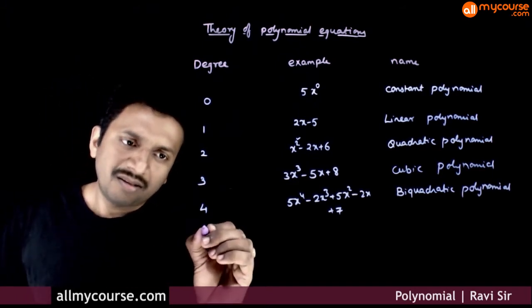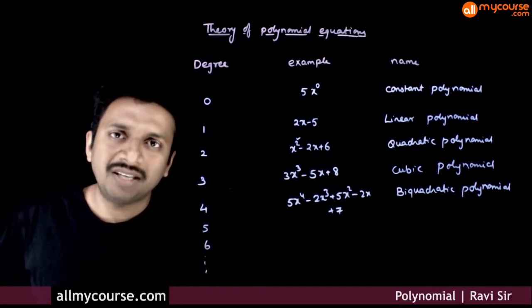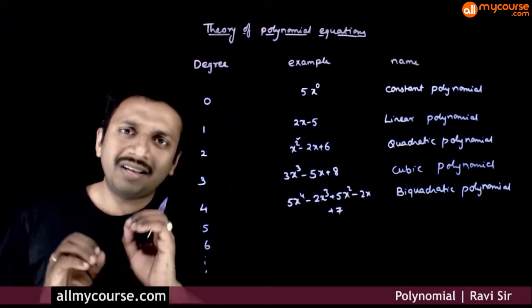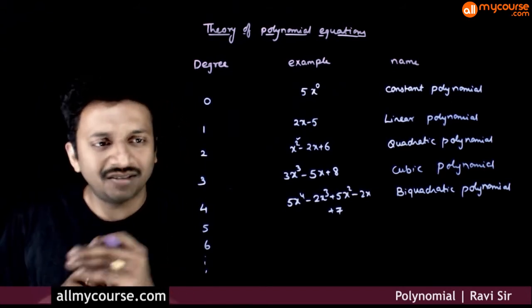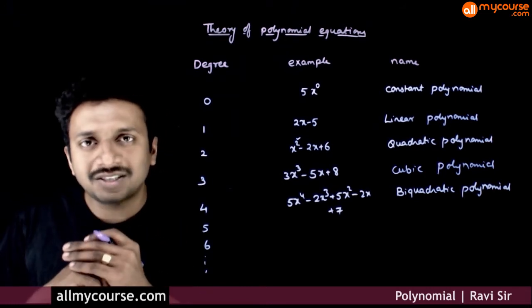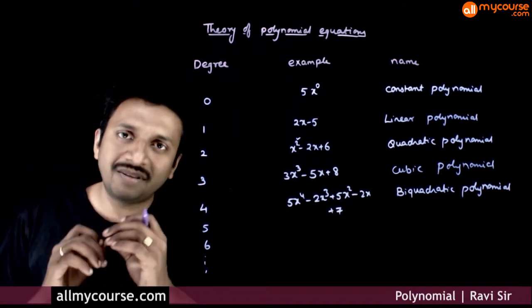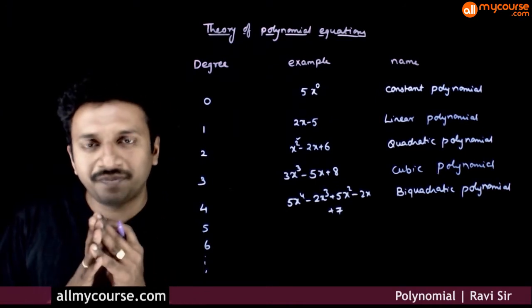And the higher degrees of polynomials do not have any special name. So we just call it nth degree polynomial. That is, if a polynomial has a degree 5, we don't have a special name for it. We just call it a 5th degree polynomial, a 6th degree polynomial, a 7th degree polynomial, and so on.